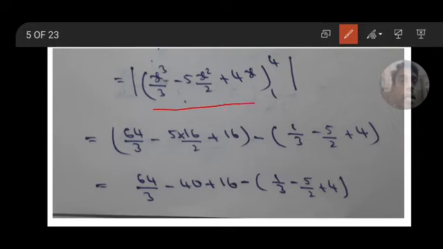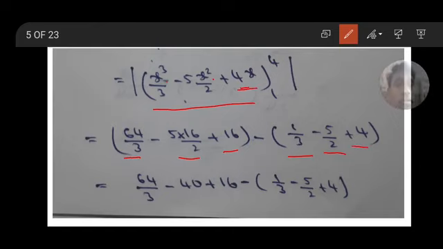Here the upper limit is 4, so 4 cube by 3, that is 64 by 3; 5 into 4 square, which is 16, so 5 into 16 by 2; and 4 into 4, 16. If you substitute the lower limit, 1 by 3, 5 into 1 square means 5 by 2, and minus 4 into 1 means 4.